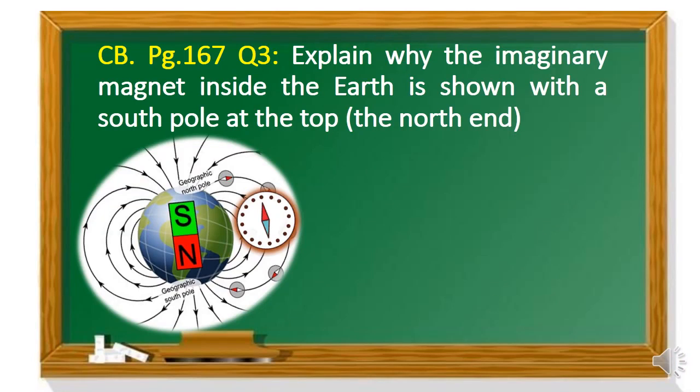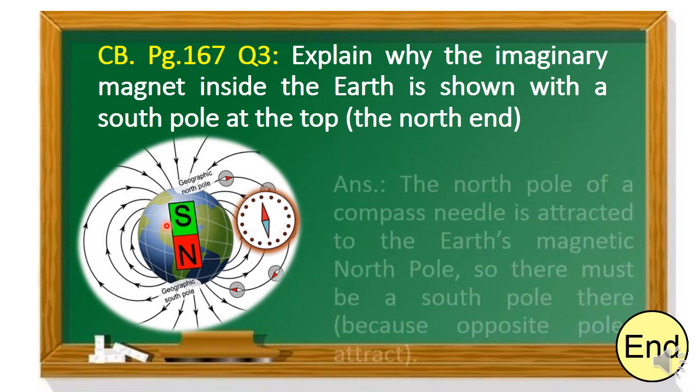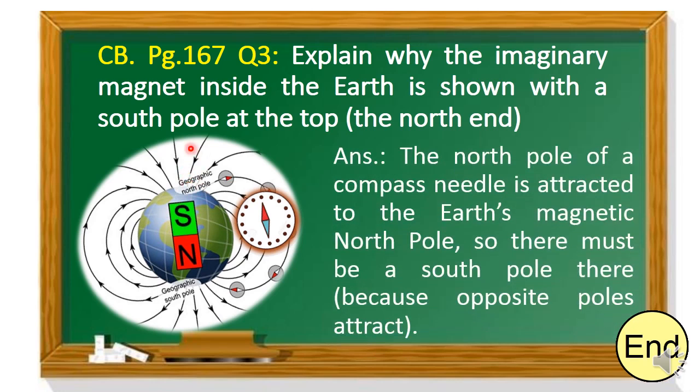Question 3, page 167. Explain why the imaginary magnet inside the Earth is shown with the south pole at the top, between brackets here, the north end. So why do we have a south magnetic pole towards the north geographic pole? So that's the answer now. The north pole of a compass needle is attracted to the Earth's magnetic north.